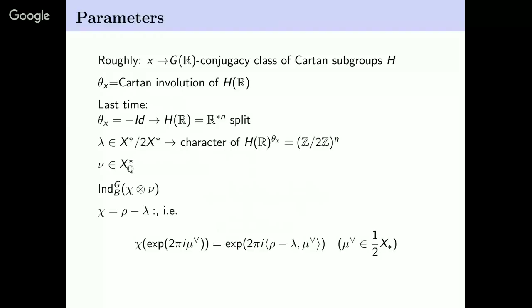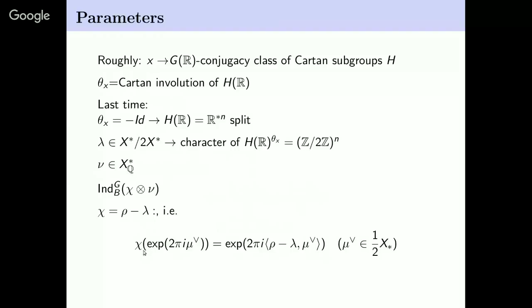Okay, so I said that lambda is required to be in X upper star plus rho, which says that this difference is in X upper star, which says that this expression here is well defined. So the character that you're inducing on the split part, on the A parameter, is given by nu.